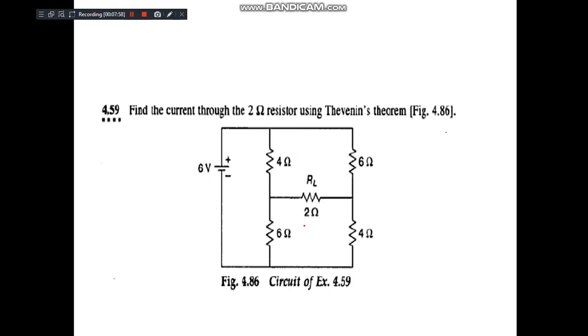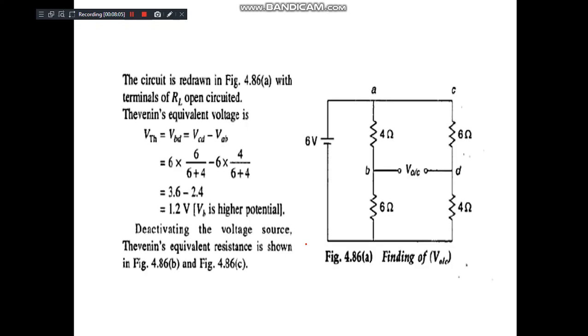Well, we will see one more problem here: finding the current across this 2 ohm. For that, the first step is to remove the 2 ohm, then the circuit becomes open circuit. So we have to find the open circuit voltage from here. V Thevenin is equal to VBD, VBD is equal to VCD. The potential difference between the 2 points is called Thevenin's voltage.